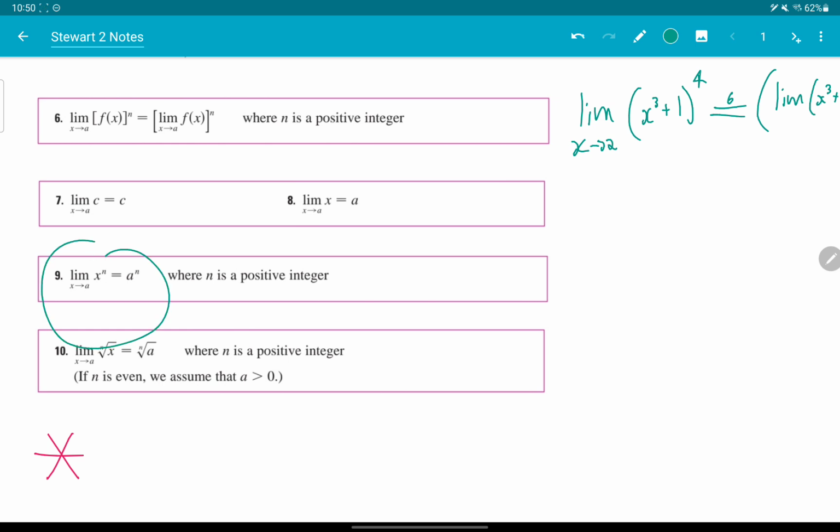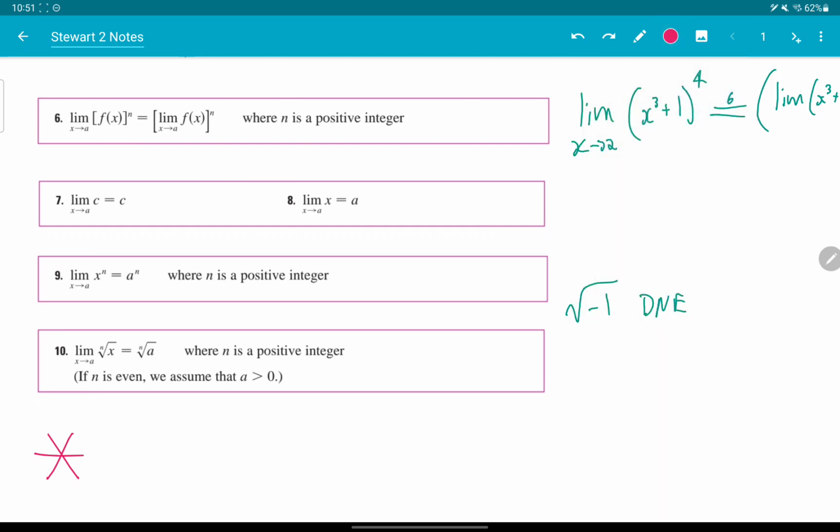Nine, again, we have powers. And then number 10, we have square roots. Now, if n is even, there is a little detail here that's important, because you can't take the square root of a negative number. I mean, there is no real number that equals this. So that's the reason for this extra bit of English down here.